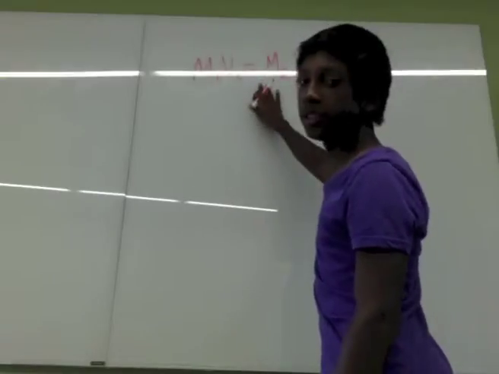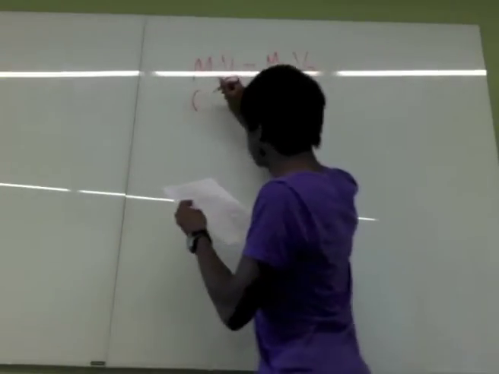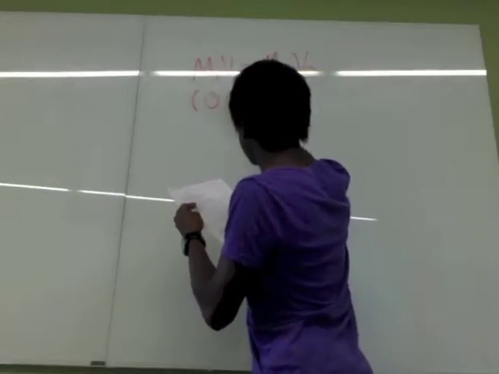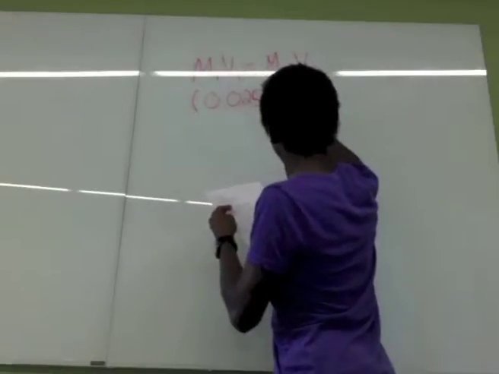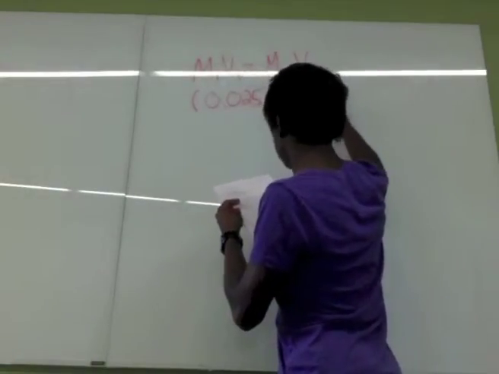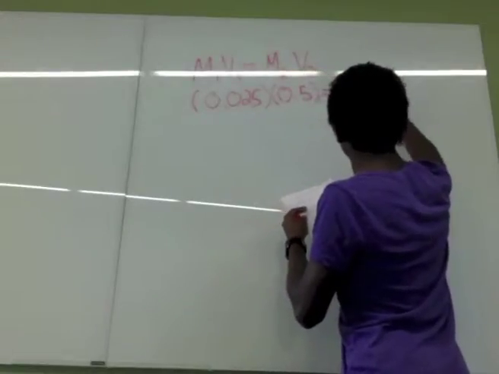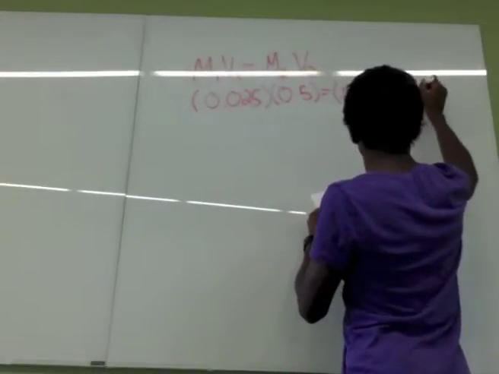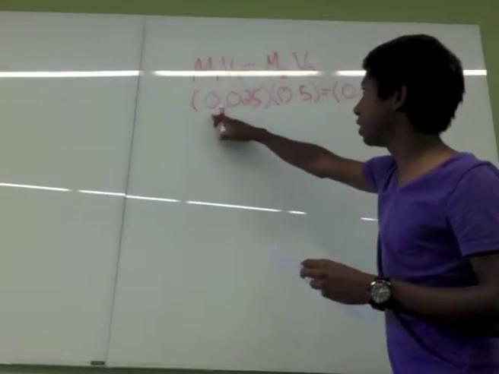So applying this to our current situation, we have to convert 25 milliliters to liters, so we get 0.025 liters.